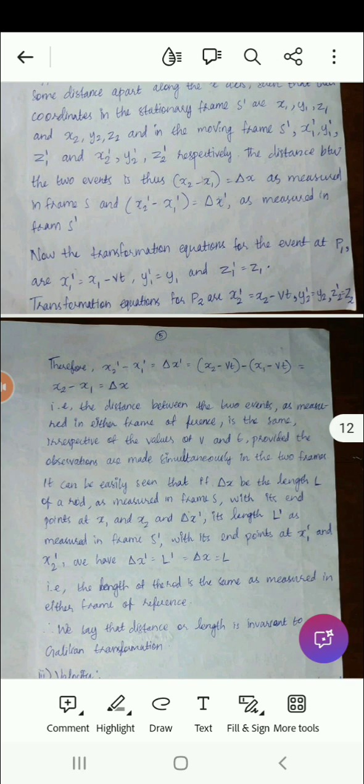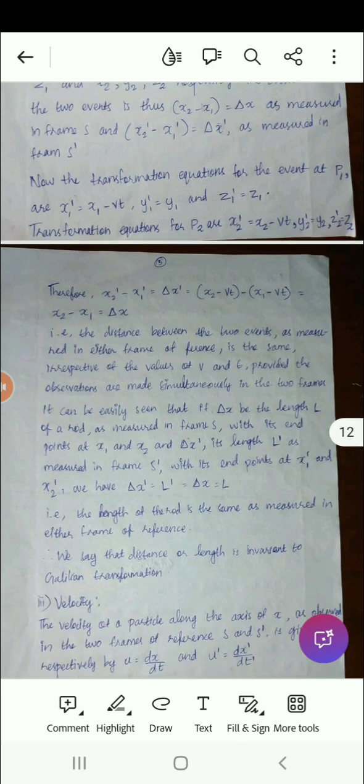So the transformation equations for the event at P1, we have already made the transformation equations for position. So we are taking the transformation equation x1 dash is equal to x1 minus vt, and all the other coordinates are not changing, so y1 dash is equal to y1 and z1 dash is equal to z1.